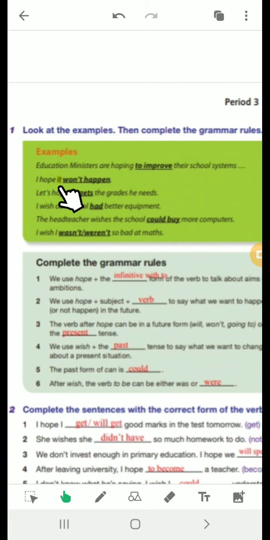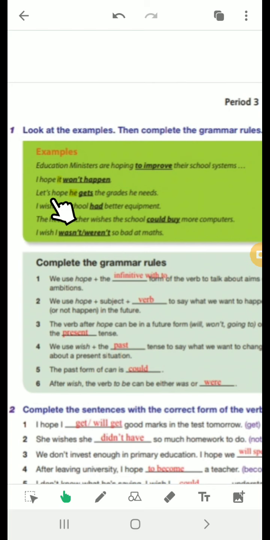It's the pronoun, here it's the subject pronoun. So after subject pronoun, we use a verb. Which tense of this verb we use? Won't happen. Won't, abbreviation for will not, اختصار will not. So it's here future tense, but negative.